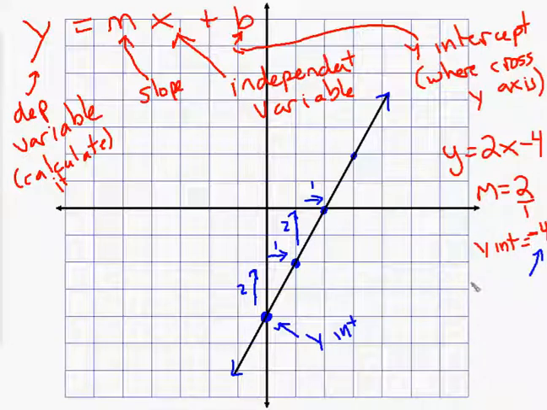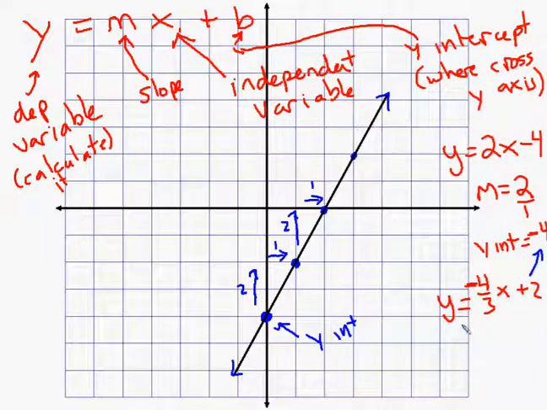Alright, let's say I wanted to graph this one. y equals negative 4/3 x plus 2. What's my slope? What's m? Negative 4/3, yes. And what's my y-intercept? It's 2. So I'm going to plot 2.